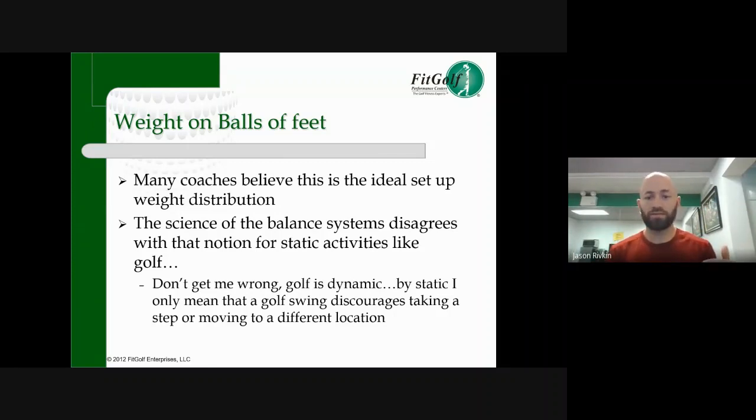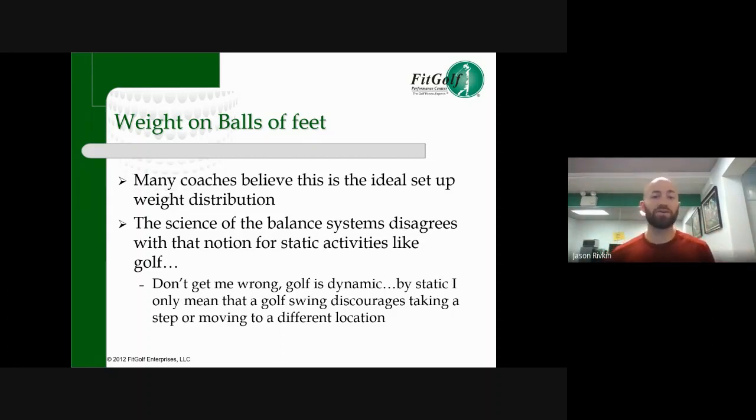If the weight is forward, right, then the tendency of a golfer will be to lift up. Think if you were to stand up and put your weight on your toes and then start doing something quick, such as rotating or swinging, if you don't counterbalance and bring your body back, then you're going to fall on your face. The opposite is true.